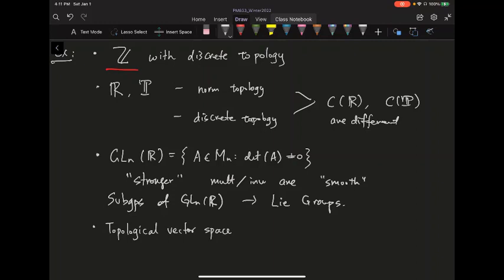And it's certainly a topological group, okay? So in fact, a topological vector space has something stronger: your scalar multiplication is also continuous. So scalar multiplication is continuous for a topological vector space, but it's not required for topological groups. If you forget about the scalar multiple, then you treat it as a topological group.